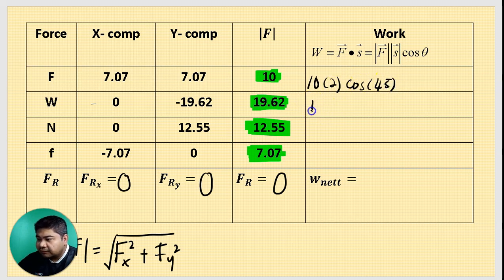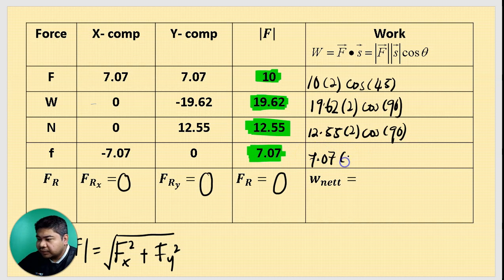And then we have 19.62, the magnitude of the weight, times 2, and then cos of the angle between them, 90 degrees. And then we have the normal 12.55 times 2, also cos 90. And then the last one, 7.07 times 2, cos of 180 degrees.